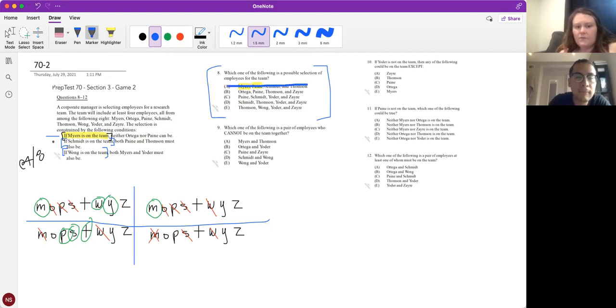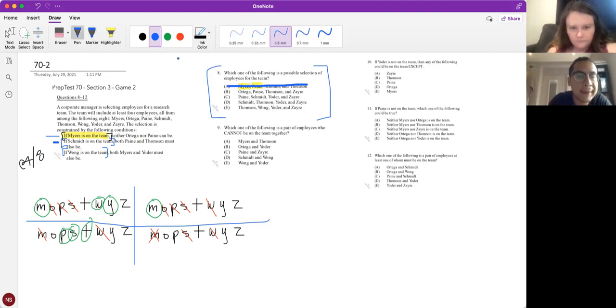Okay, so what about our second rule? What could we cross off because of that one? Anywhere there's an S, there has to be a P and a T. So C is not correct because there's no T. And D doesn't have a P. Excellent.